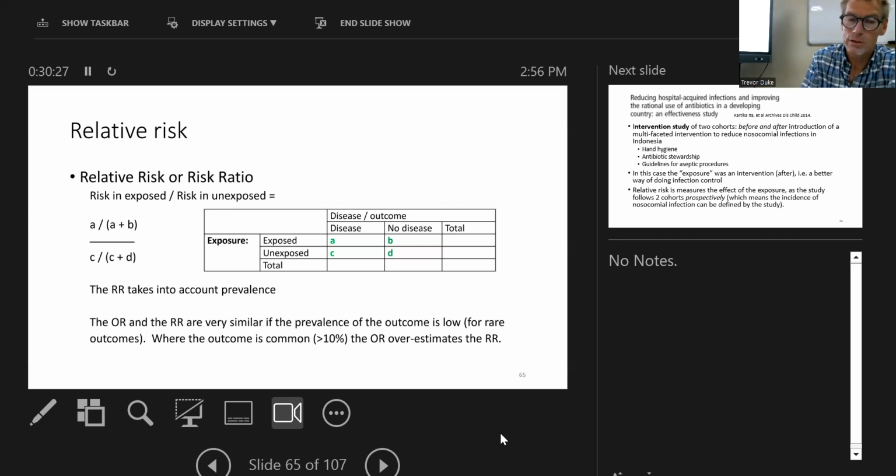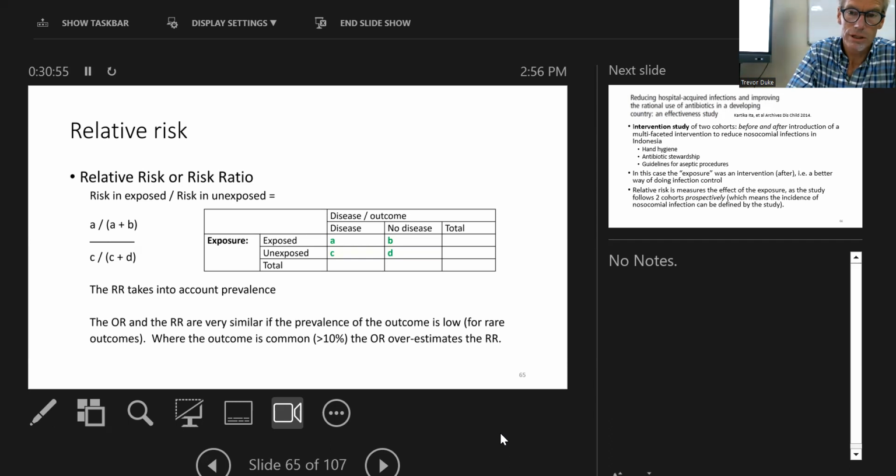It's similar to the odds, but it's just a bit different. All right, but the 2x2 table is structured similarly, A, B, C, and D, and you can just put in the numbers. And the relative risk takes into account the prevalence within a population, whereas the odds ratio doesn't. They're the only differences. But you just need to know that for a case control study, use an odds ratio. For a cohort study, use a relative risk.